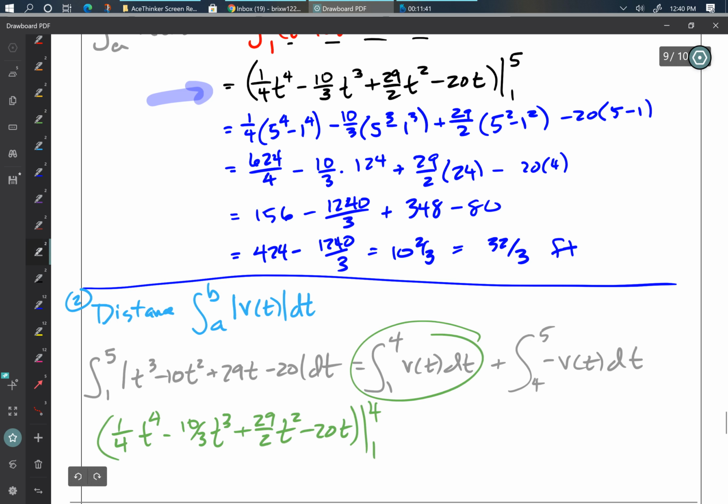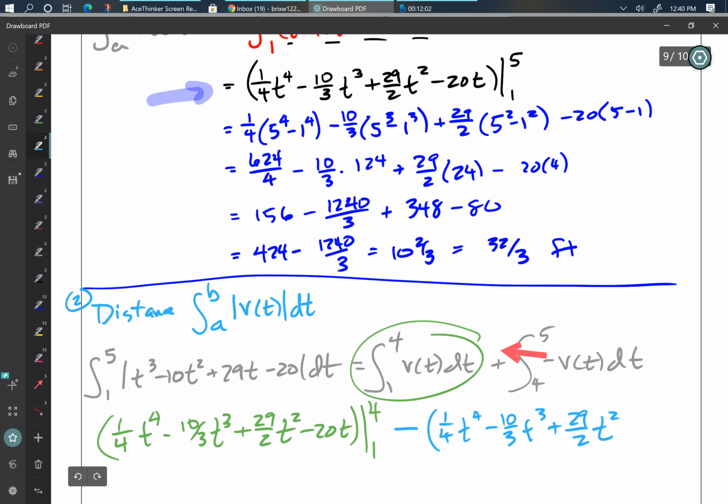And now I'm going to cheat a little bit, and I'm going to take this negative right here and move it out in front and say, okay, just do minus 1/4 t to the 4th minus 10/3 t cubed plus 29/2 t squared minus 20t from 4 to 5. Okay?